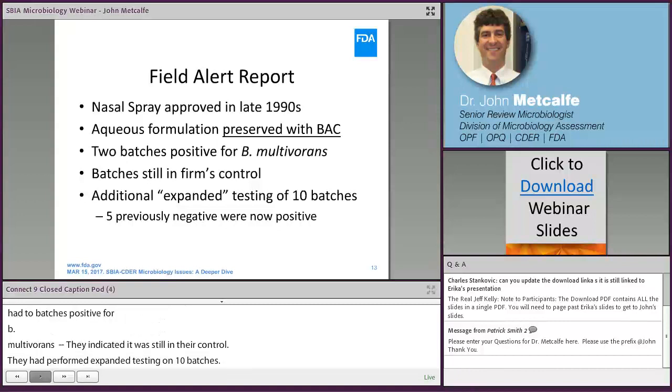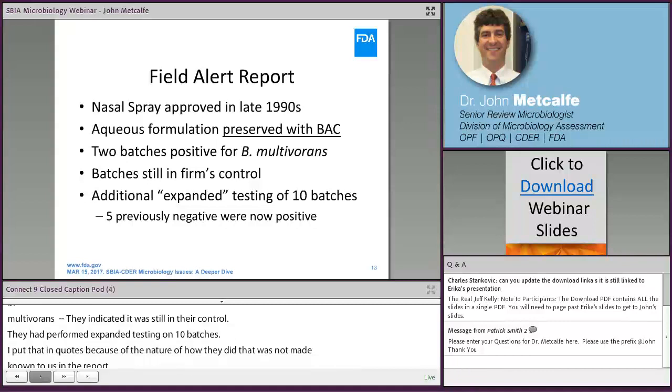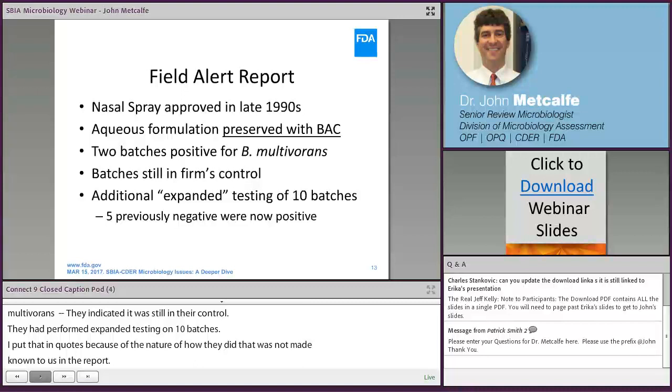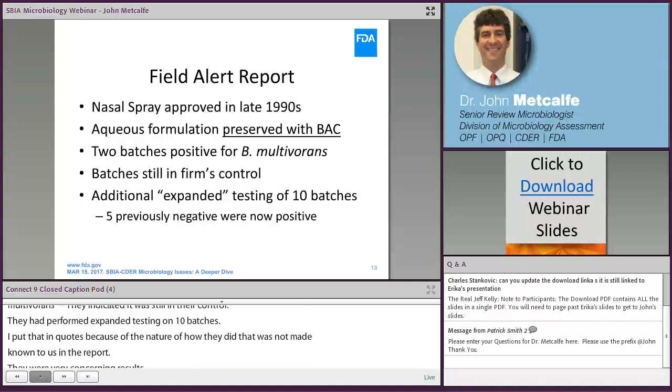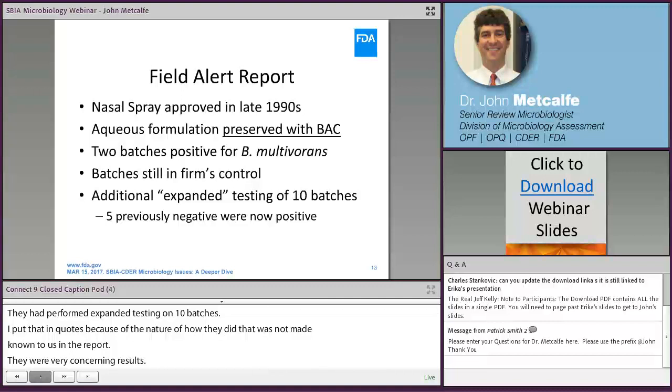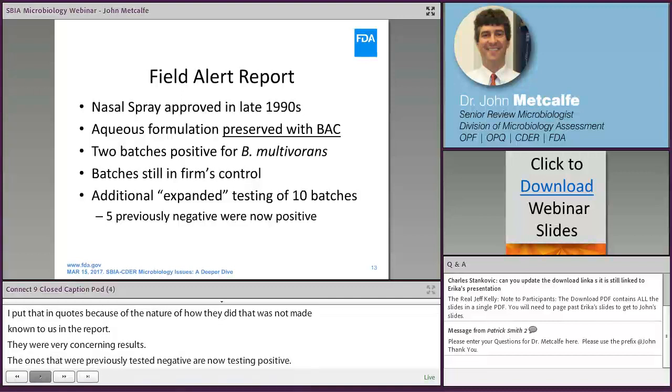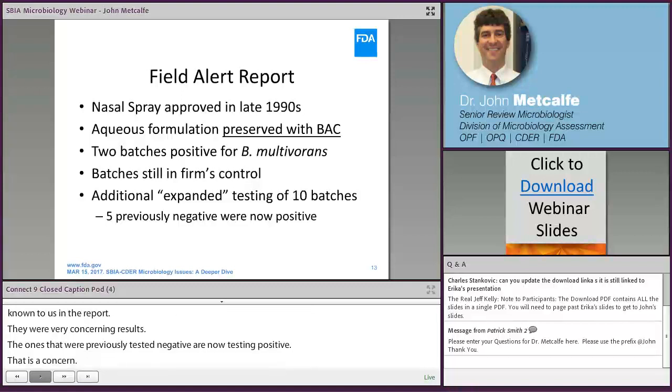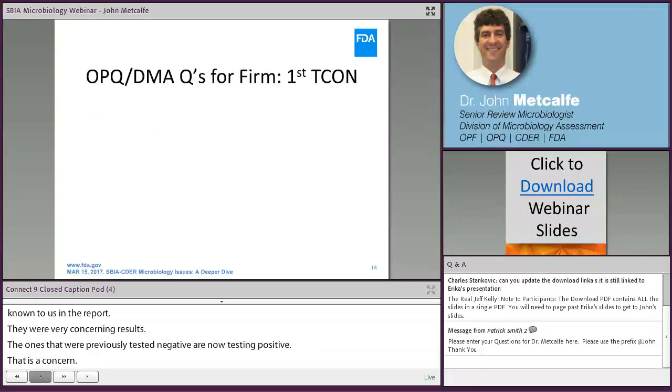But they had tested 10 batches, and very concerning results to us: 5 that had been previously tested negative were now testing positive. Red flag goes up in our minds. That's a concern. The firm is telling us that here are 10 batches that initially had been negative, and now 5 of those were positive. Very concerning.